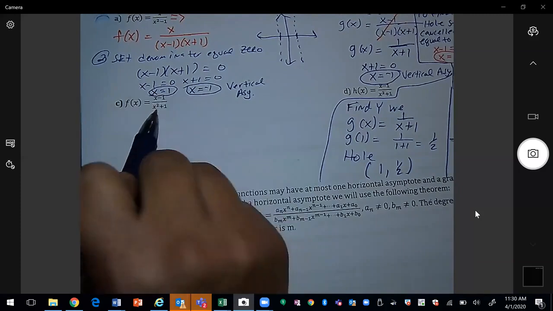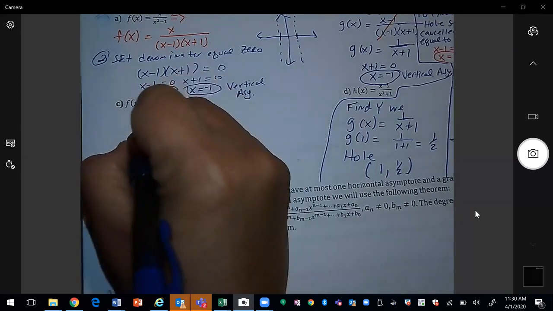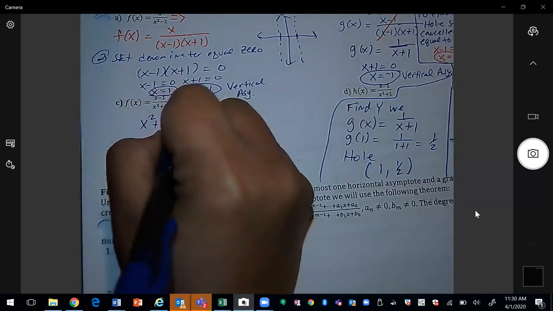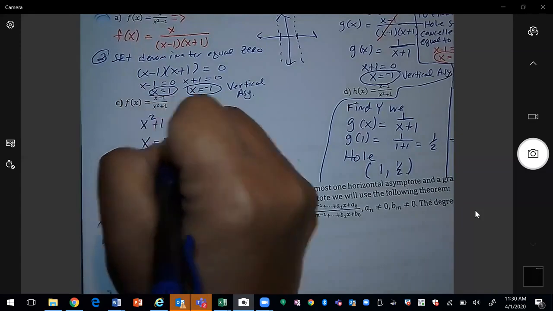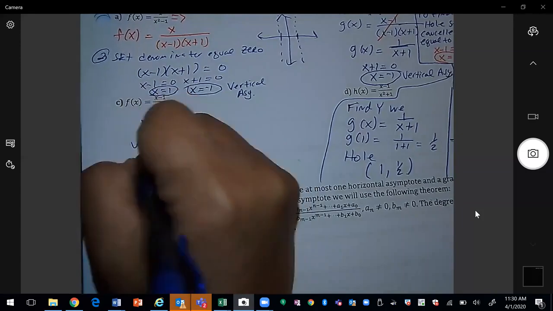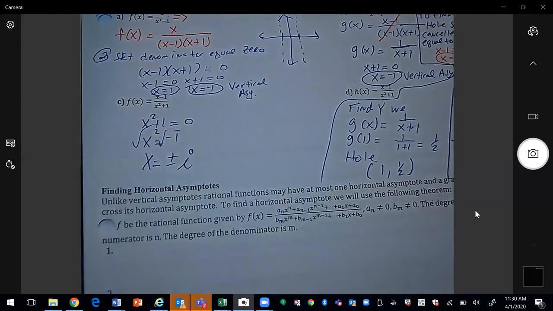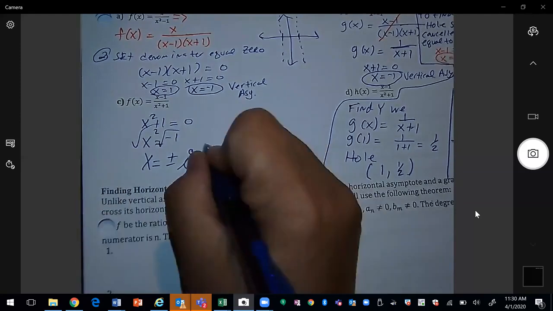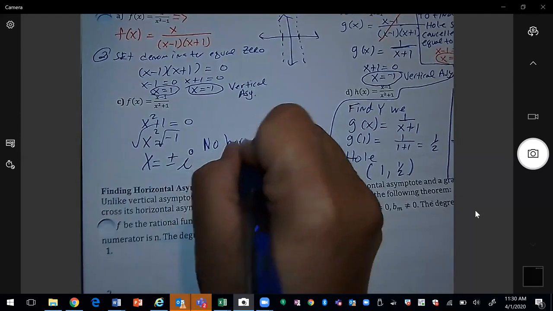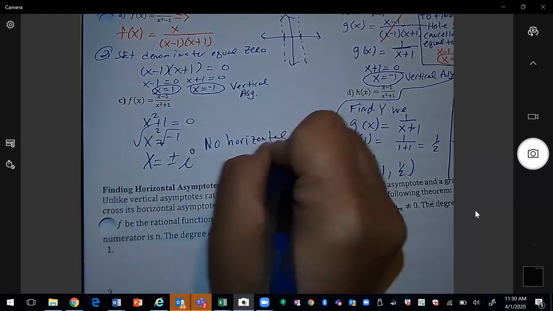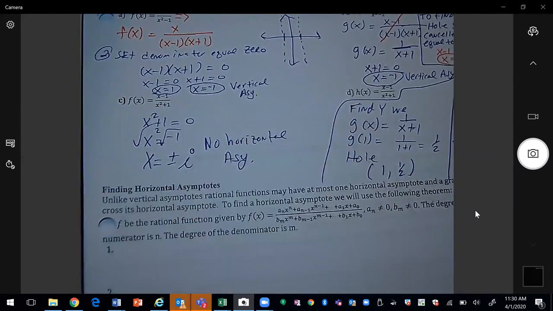So x squared plus 1 is not going to factor. So this is already set. So if we go x squared plus 1 is equal to 0, and I take the square root, I end up with an imaginary solution. And so whenever that happens, we say that there's no asymptote.